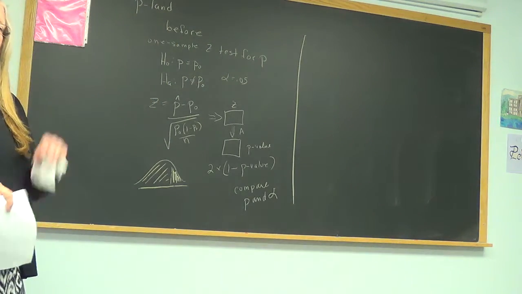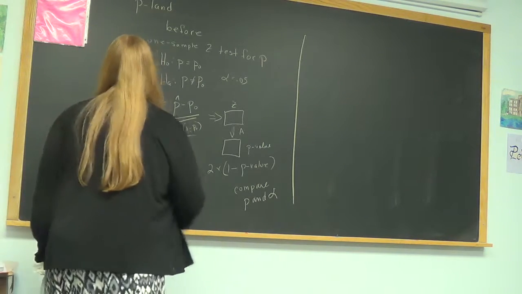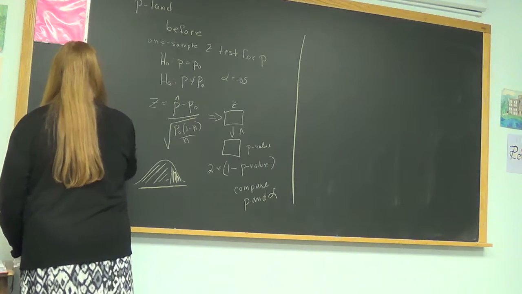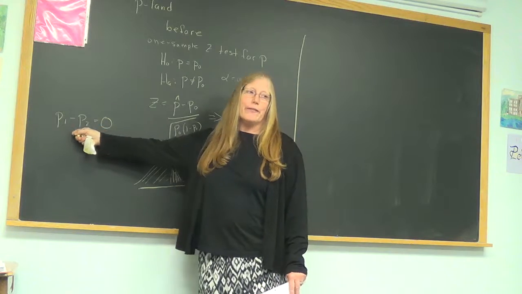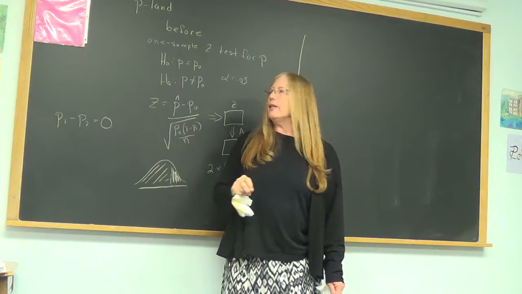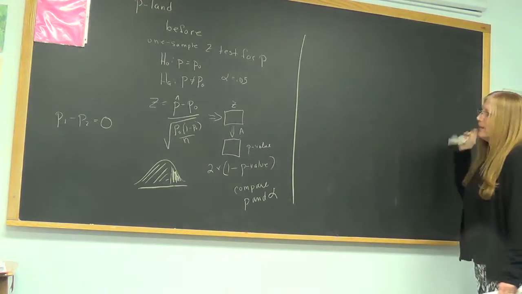What if 0 was in that confidence interval? Then we would be saying that P1 minus P2 equal to 0 is a possibility, and that means there's no difference between the two. So sometimes they will ask you, looking at a confidence interval like this, oops, I erased it.